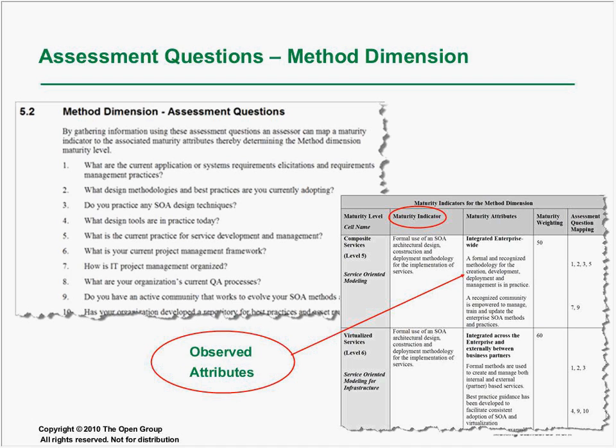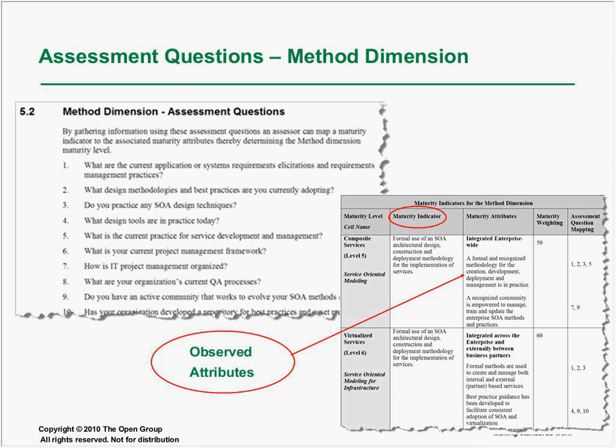Here we have the method dimension, and you can see the maturity indicator at service or level 5, which is service-oriented modeling. The maturity attribute of this particular indicator is the formal use of a SOA architectural design, construction, and methodology for the implementation of services.